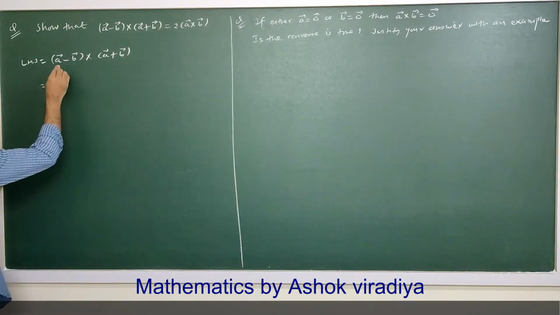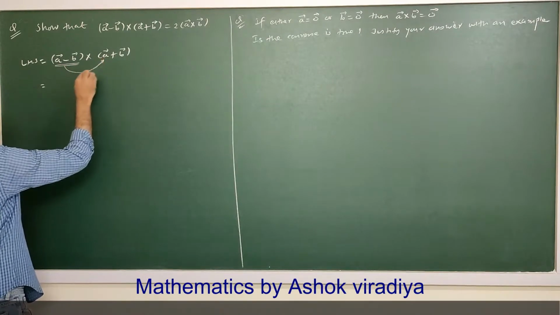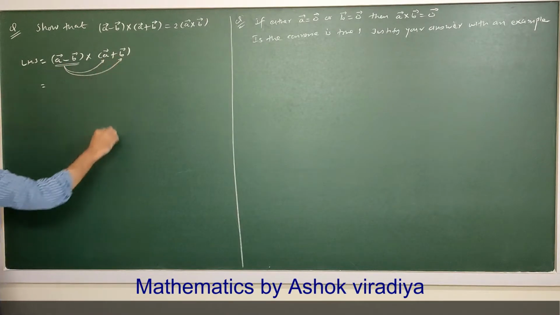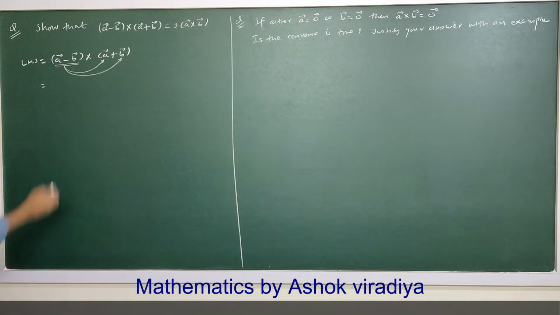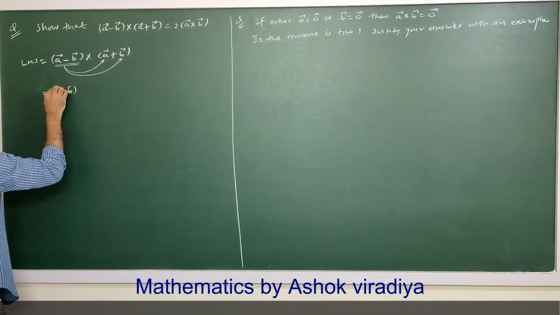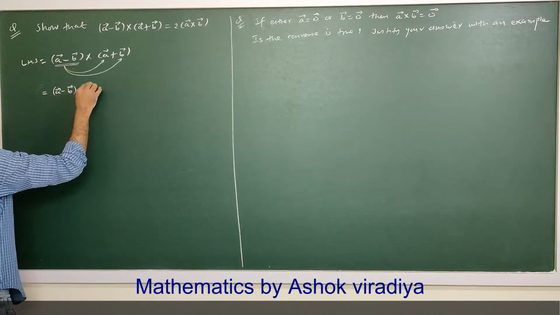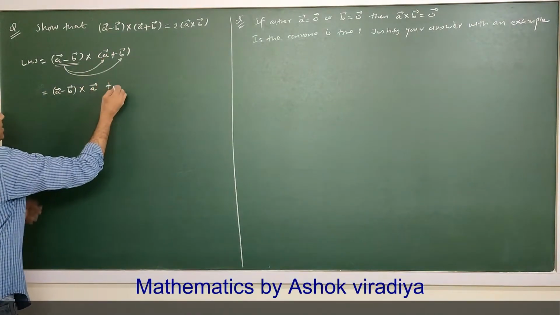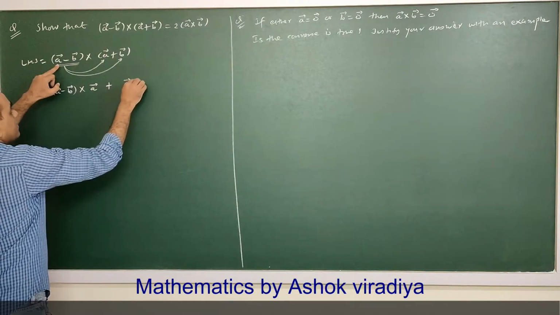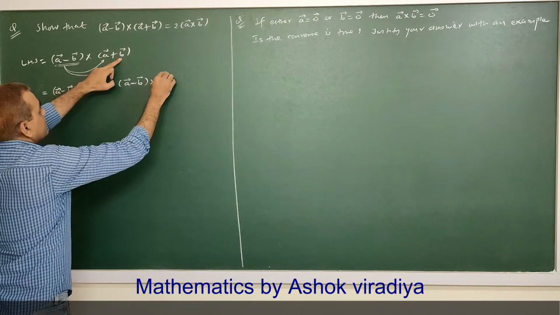So here, taking a cross product of this vector with vector A and then with vector B, this will be equal to (A minus B) cross A plus (A minus B) cross B.